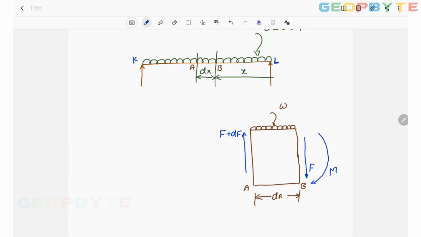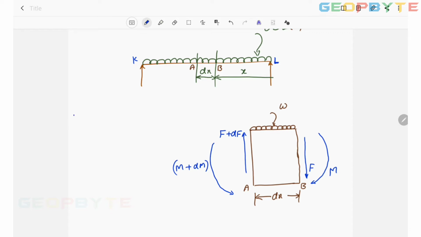Now at the other end, bending moment is developed exactly opposite to that, with a magnitude M plus dM. I hope you understood. Otherwise, let us write that part on the other side. The M plus dM is the bending moment on the left face of the free body diagram.